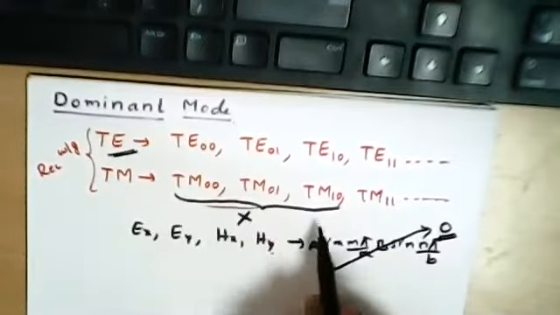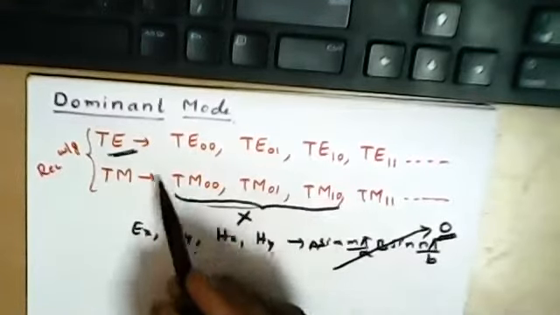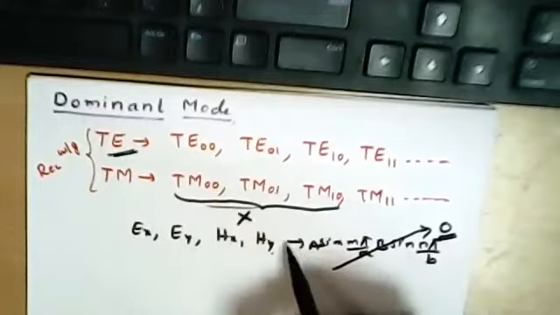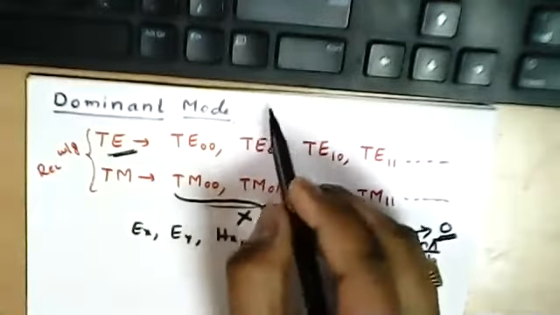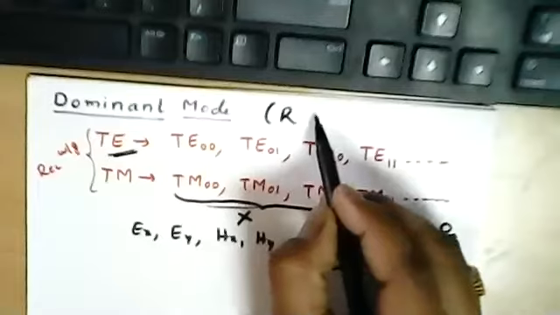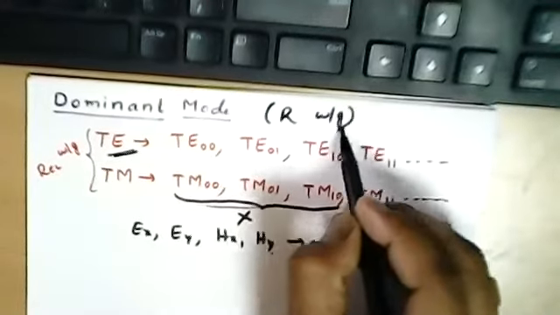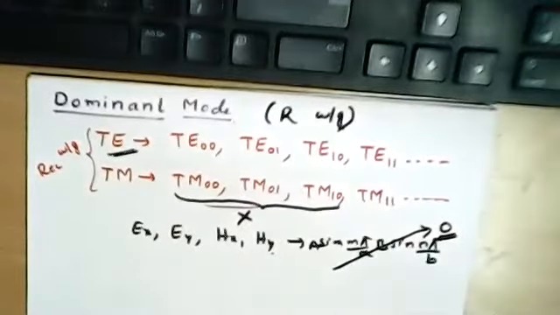Now, as we are aware of the types of modes available in case of TE and TM related to rectangular waveguide, we'll see what is meant by dominant mode.